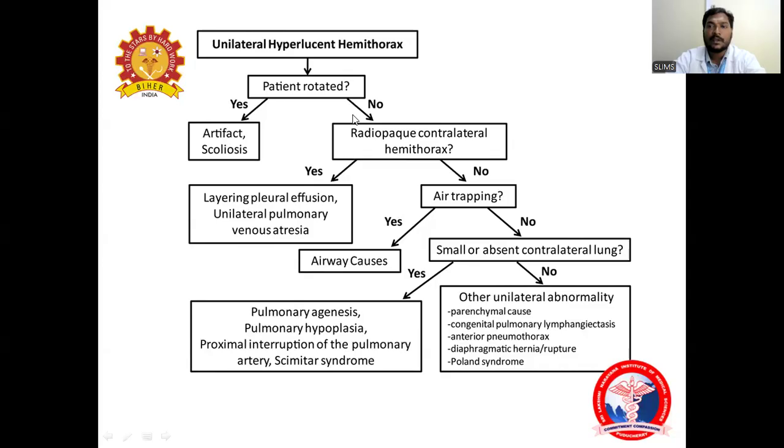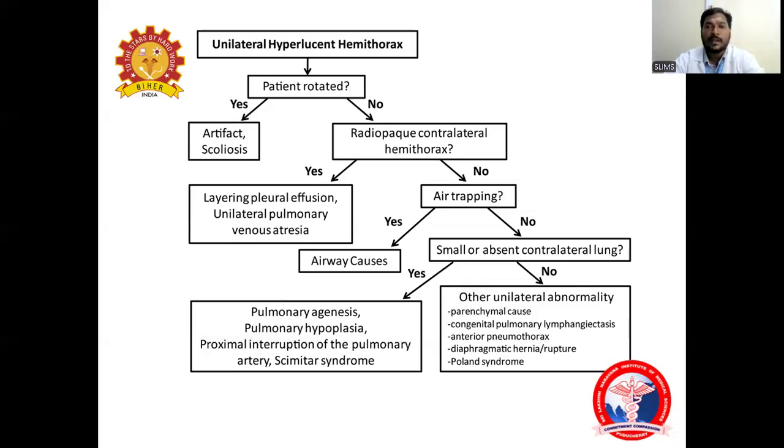We have to proceed with the X-ray and look for any radiopaque contralateral hemithorax. The unilateral hypolucency may not be due to pathology on the same side, but because of pathology in the opposite side lung, and the ipsilateral side may appear hypolucent.